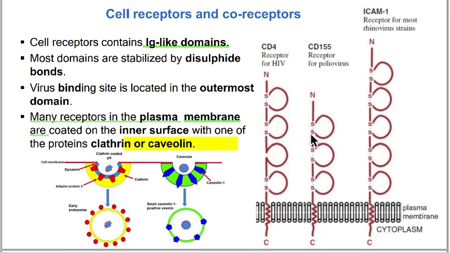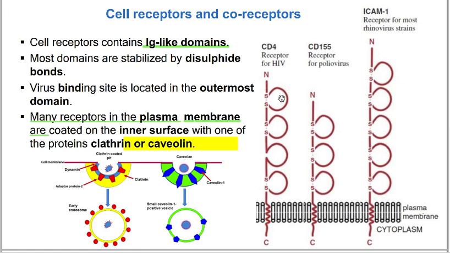So these are the structures of different receptors and co-receptors, and most of them, as you can see here, have Ig-like domains: 1, 2, 3, 4, 1, 2. This is an immunoglobulin-like domain, and those are disulfide bonds. You know cysteine is an amino acid that has a sulfhydryl group, SH, that can bind with another cysteine molecule to produce a disulfide bond.